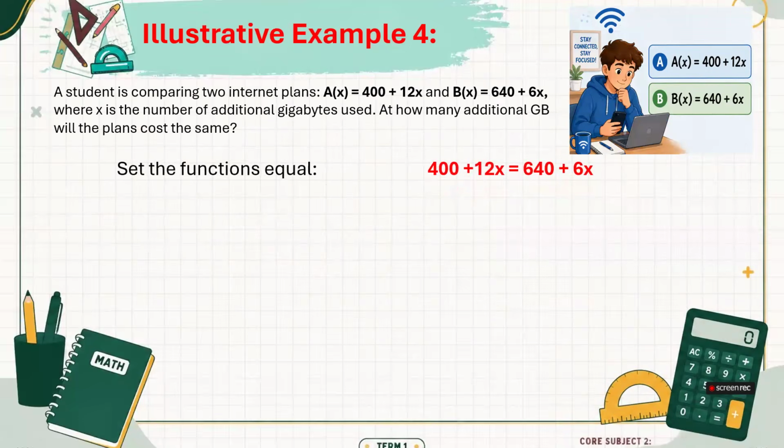First, we write 400 plus 12x is equal to 640 plus 6x, setting them equal. Next, we subtract 400 and subtract 6x.